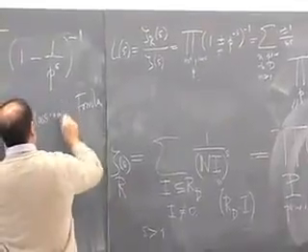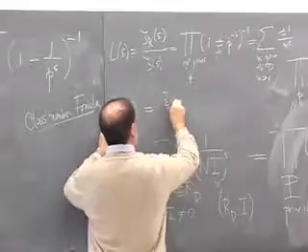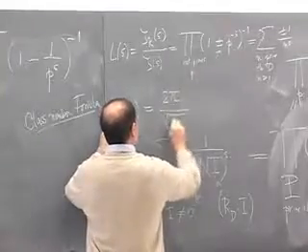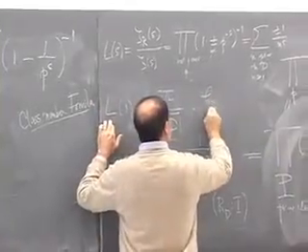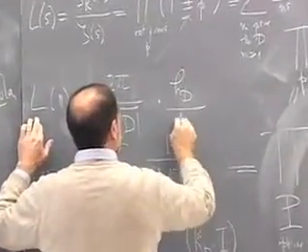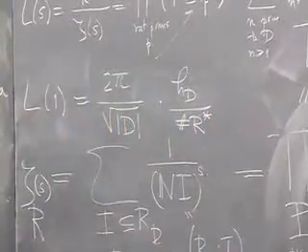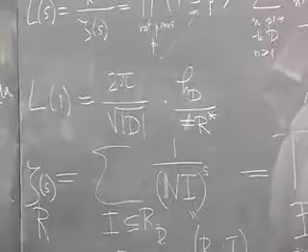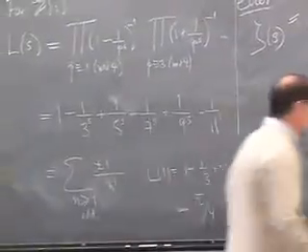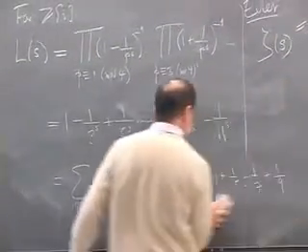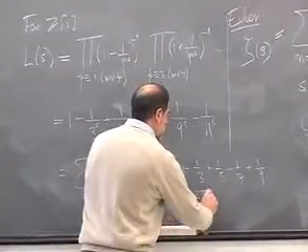In terms of the ring, it's equal to 2 pi over the square root of the absolute value of the discriminant, times the class number of the ring, divided by the number of units. Is that a great formula or what? So let's see what it says over here. It says that whatever this sum is, it's equal to 2 pi over the square root of the discriminant.